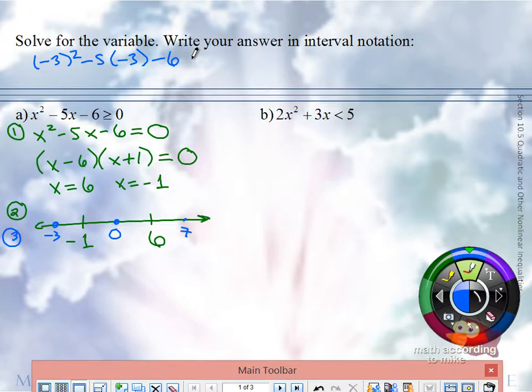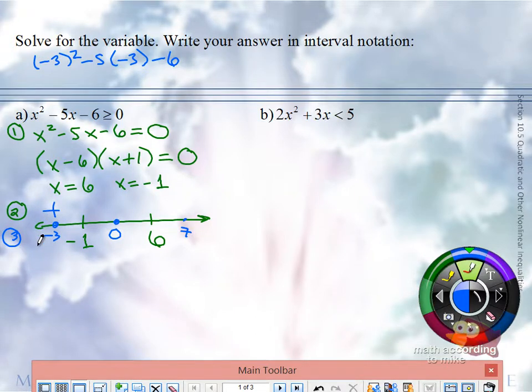You don't care what the number is, you care about the sign of that number. So if I put in negative 3, do I get positive or negative? Positive.